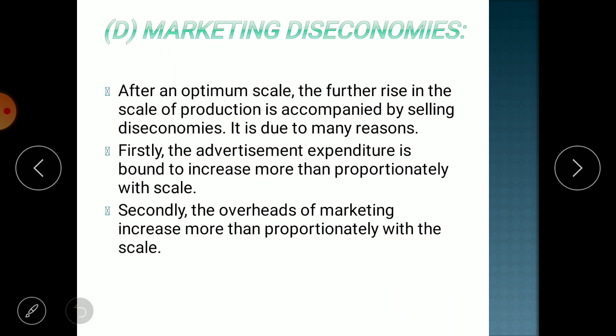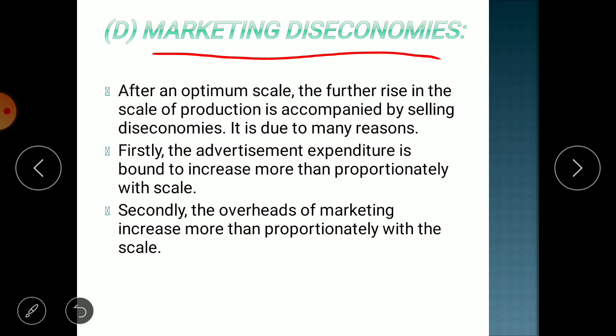Next diseconomies is marketing diseconomies. After an optimum scale, the further rise in the scale of production is accompanied by selling diseconomies. It is due to many reasons. See, we have seen marketing economies when we were discussing internal economies. There we have seen that marketing economies has two perspectives.